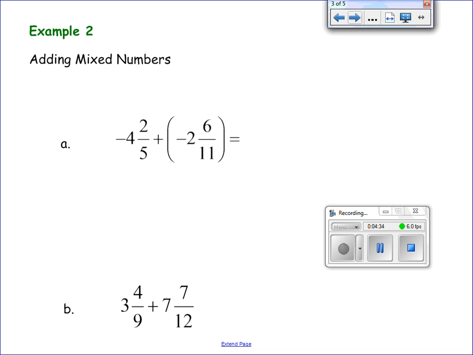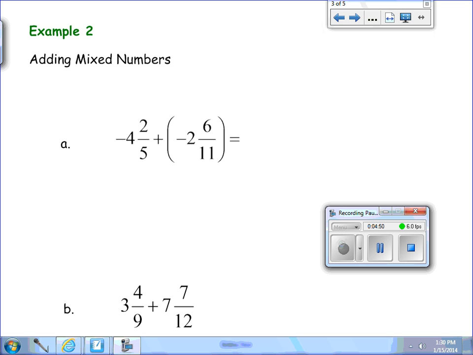Okay, so in example 2, we're going to be adding with mixed numbers. We're going to take generally the same rules. We are going to notice that we're adding. They're both negative, so your answer is going to be negative. Your final answer will be negative, but we need to find the LCD for 5 and 11. So 55 will be our LCD.